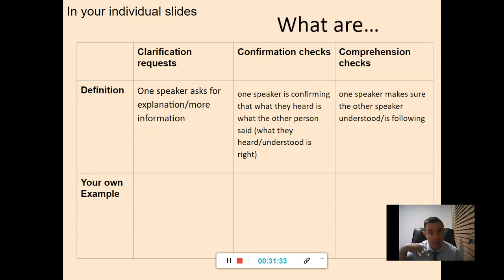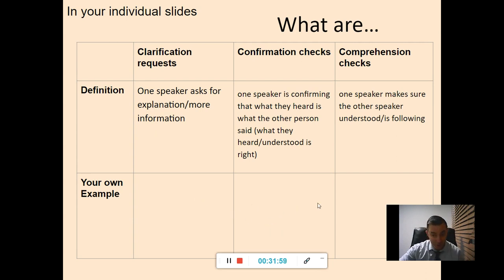You might have to think of a kind of context where you're talking to someone about a certain topic. Might be hard to do it abstractly, but think of your own context, and then you can write one question for each.